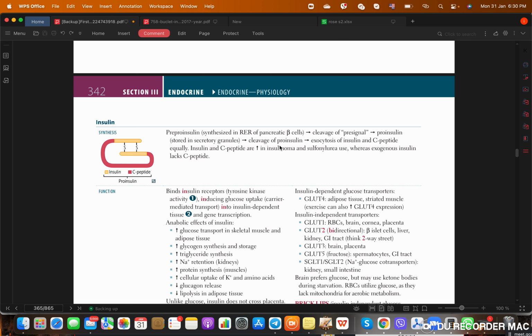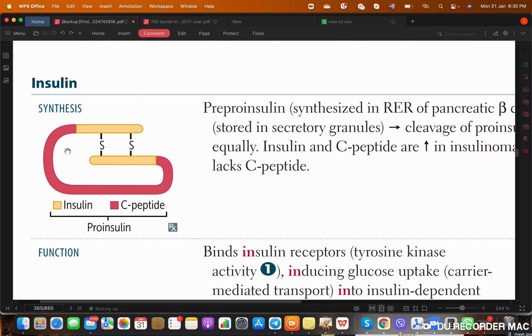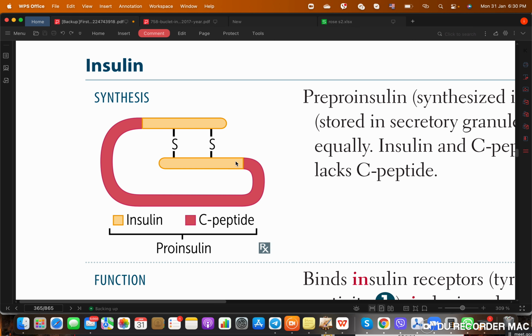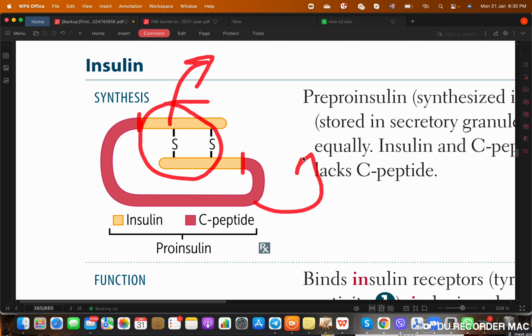So cleavage of the proinsulin leads to exocytosis of the insulin and the C-peptide equally. Is this important? Super important. So when it gets out from your pancreas, this is going to be cleaved. This first particle is going to be released into the circulation, and this as well, but they will be cleaved from each other.